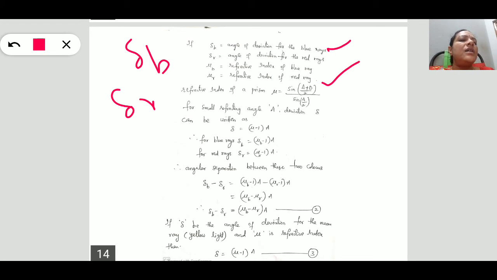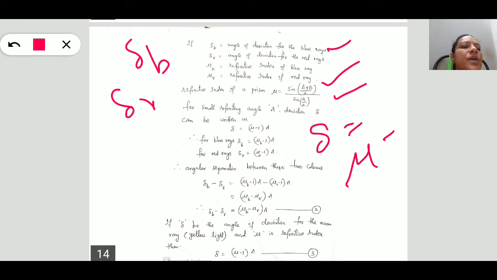These are the refractive indexes of the prism. Already we know mu is equal to sine of (A plus D) by 2 divided by sine of A by 2. Here we consider one assumption: if we take a small angle prism, then mu is approximately equal to (A plus D) by 2 divided by A by 2.